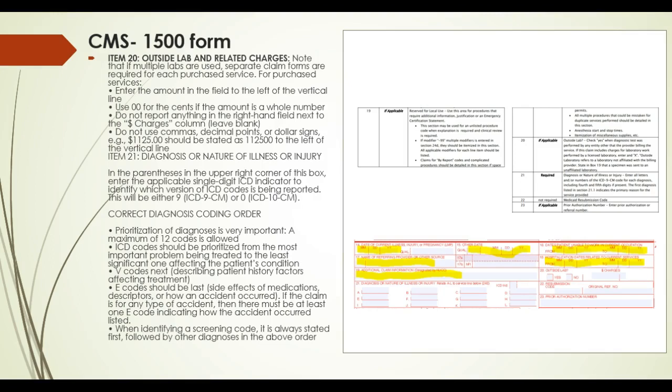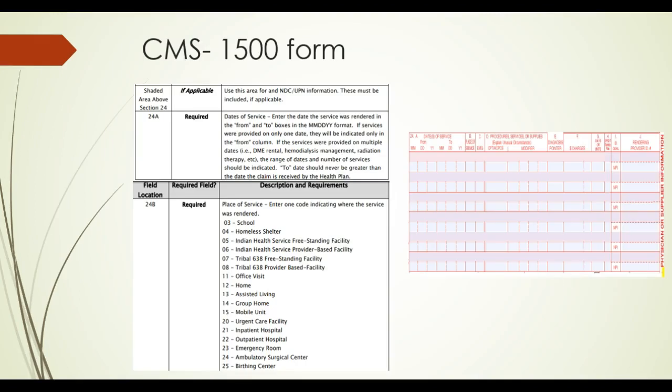All right. So let's go to fields 24A and 24B. These are the most important parts of the claim. This is where you would enter your dates of service for 24A. You would enter it in the month, day, year format.